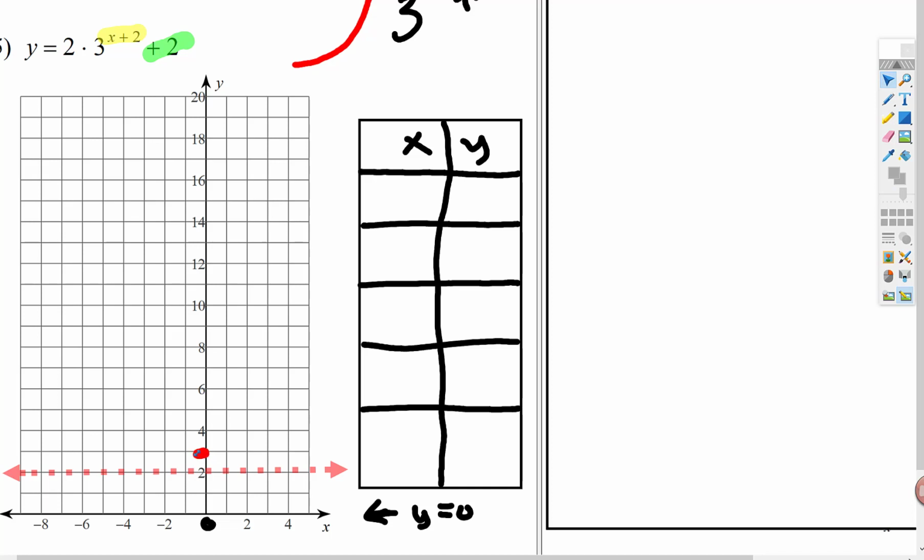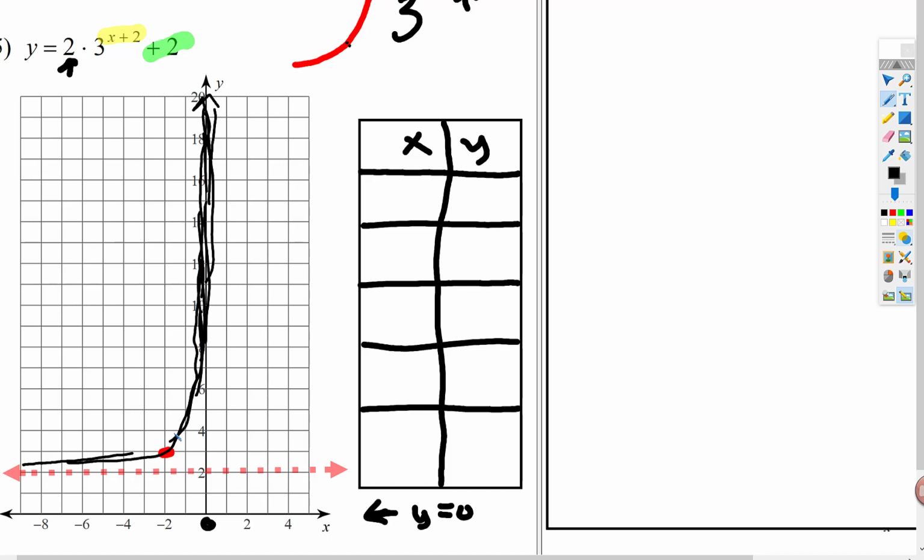So this dot now is going to be moved back negative 2, and you're ready to draw that graph. But here's what you need to keep in mind. It's going to be a bit steeper. So instead of it doing this, it's probably growing a little bit faster. And I may have made that start growing a little bit too fast.